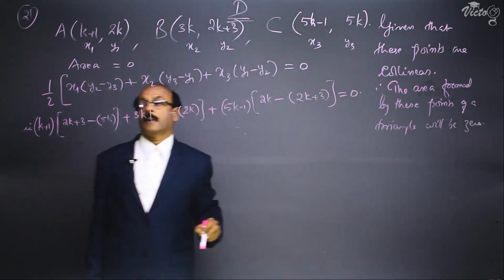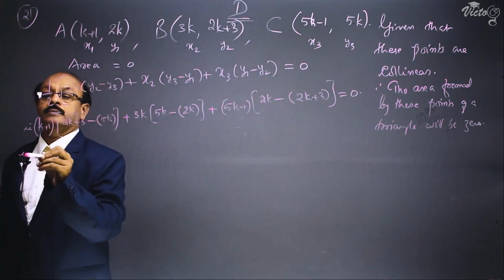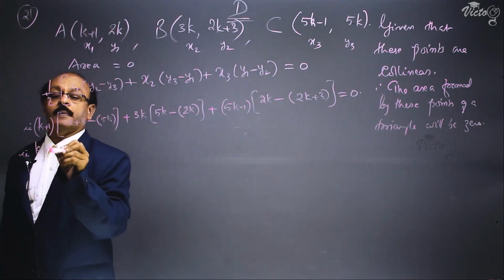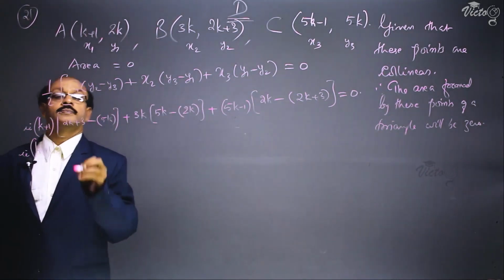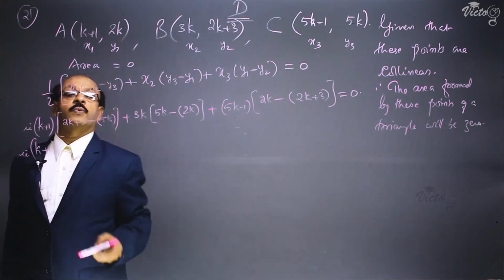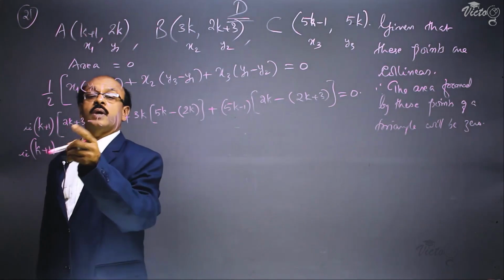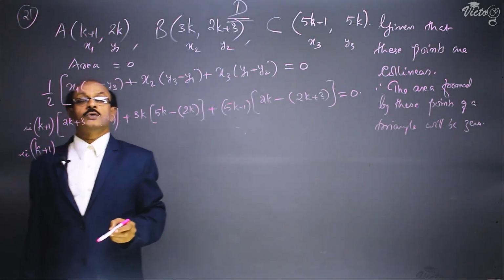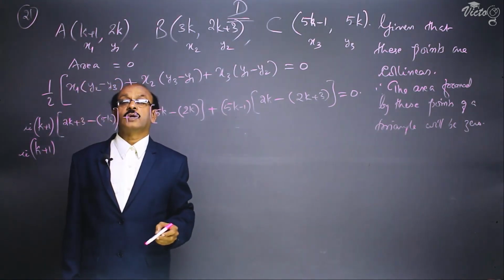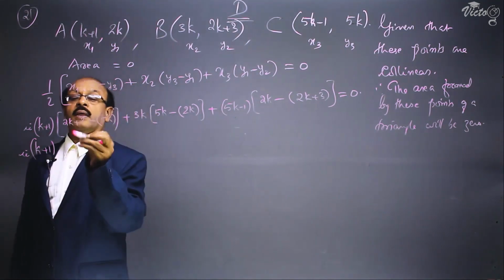That is, (k plus 1) into (2k minus 5k) plus 3 minus 3k. Here it is 2k and here it is minus 5k; 2k minus 5k is equal to minus 3k.